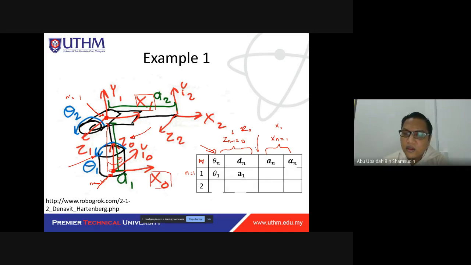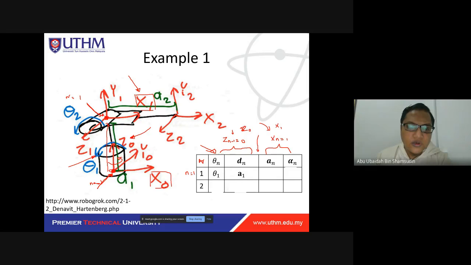Now we will go on to this part here, which is move along and rotation on the x1 axis. So for a, we move along the xn axis, which is x1.